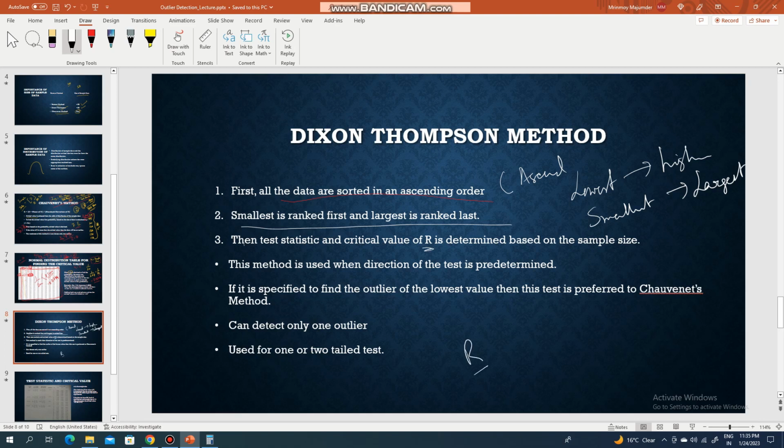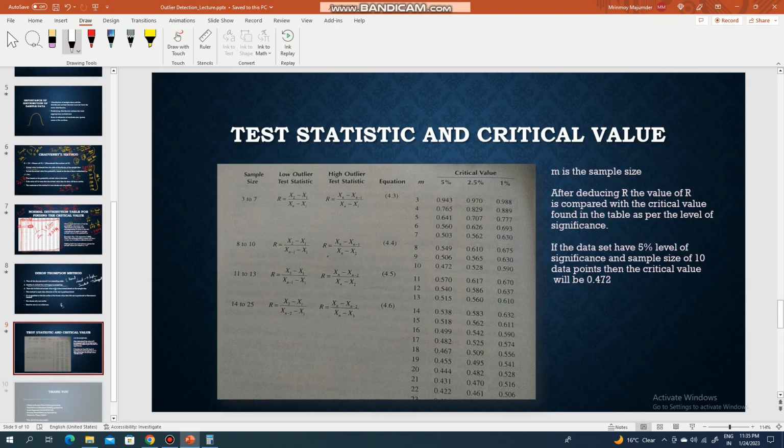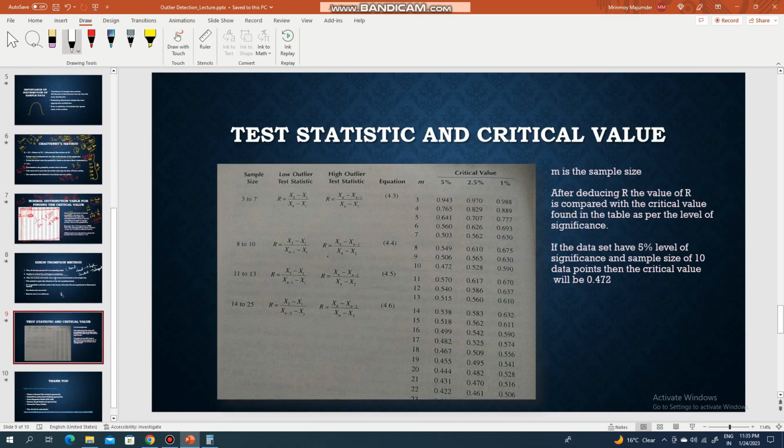So how will it be determined? Here also you will use a table. This is the table. In this test you can detect a low outlier, that means a minimum value outlier, as well as a maximum value outlier.